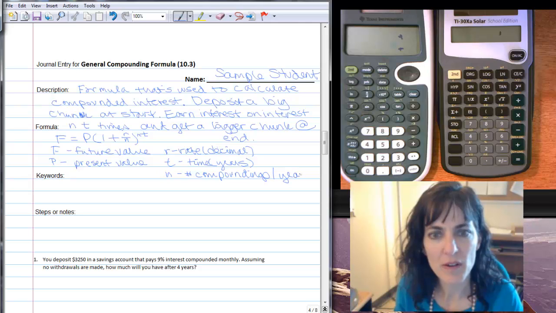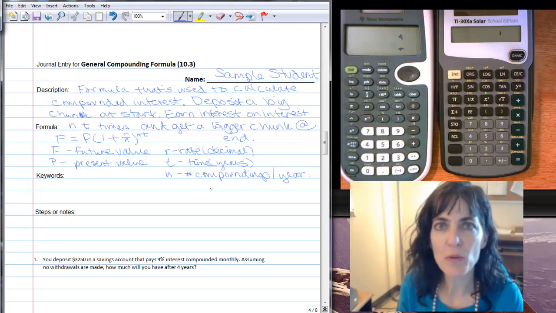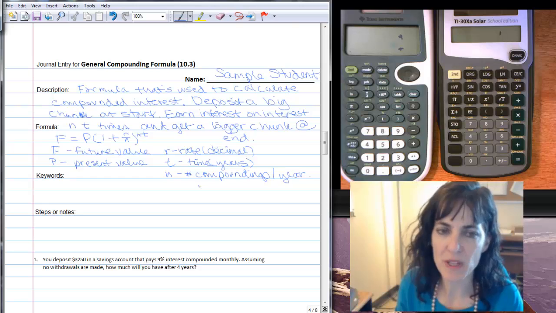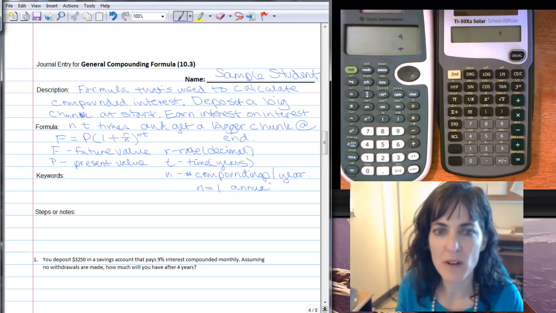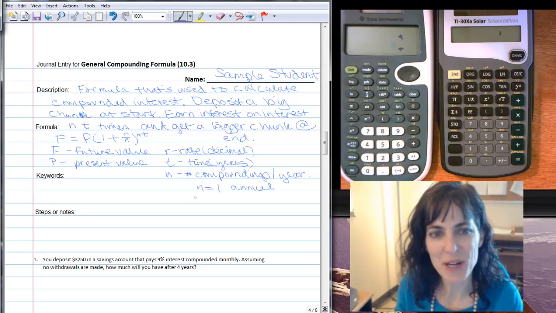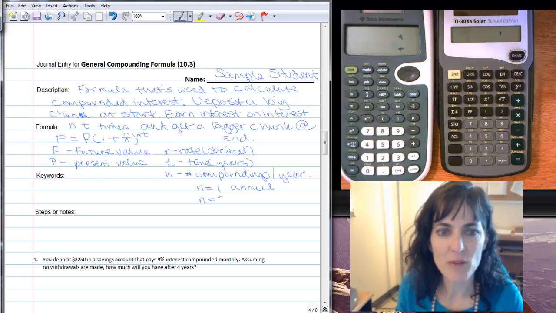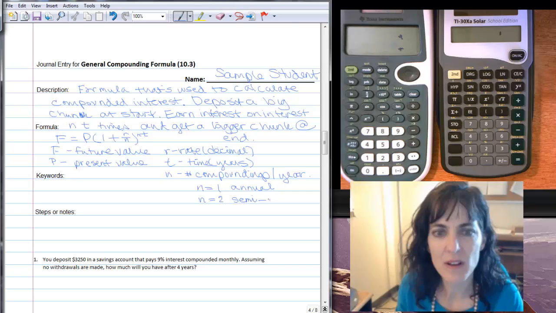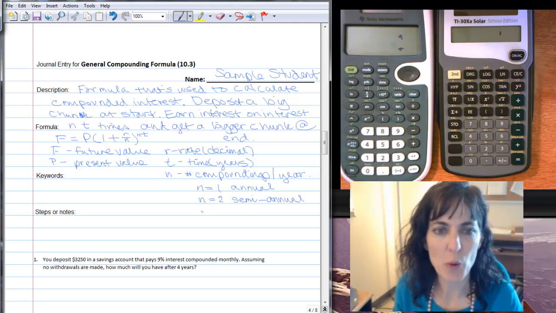And I'm going to put over here the types of compounding just because that's generally something we forget about. 1 for N would be annual, because annual happens one time a year. And if we have 2, that would be what you call semi-annual. You might see some of these on your homework.